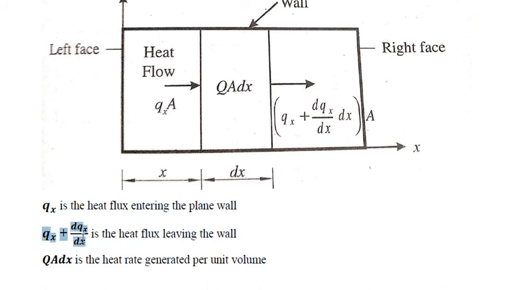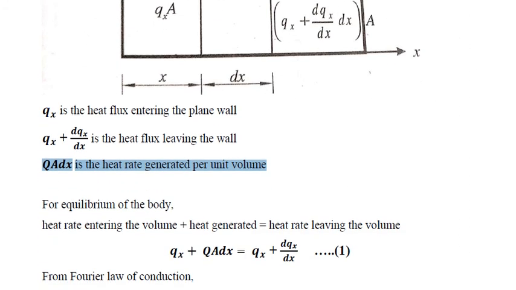Qx plus differential amount of Qx is the heat flux leaving the wall. QA dx is the heat rate generated per unit volume. Heat rate generated per unit volume. Unit volume because we have considered unit area also.